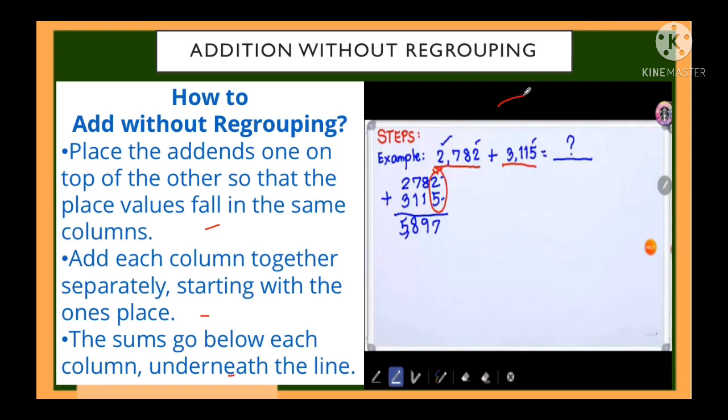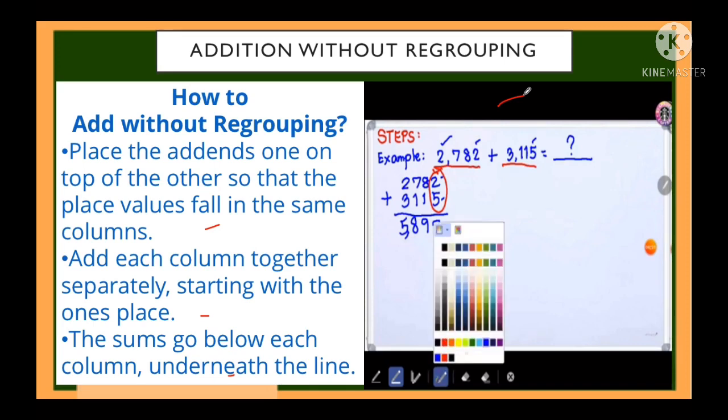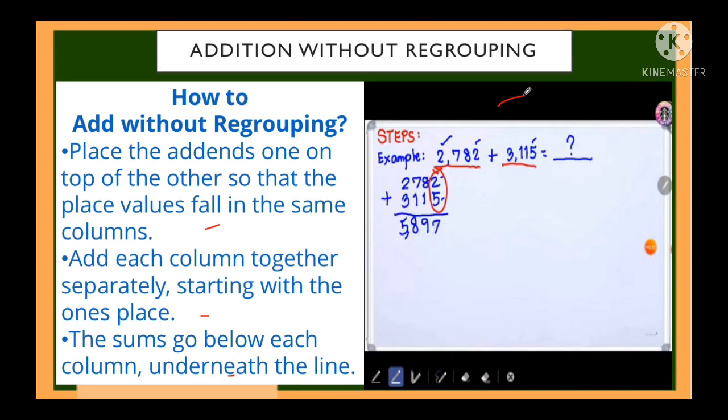Alright, so we already discussed the vocabularies, right? If we will identify those vocabularies, these two numbers are what we call, how do you call them? The addends. Say addends.